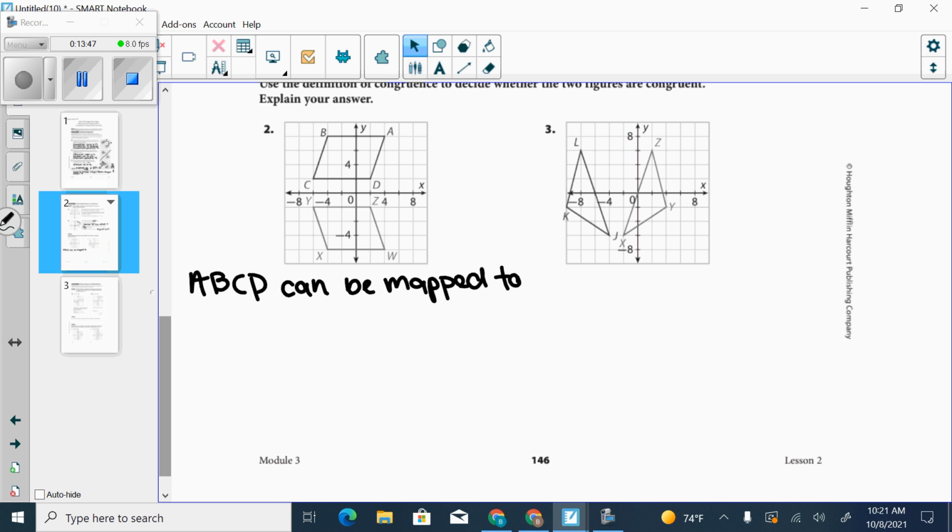to WXYZ by a reflection over the x-axis.